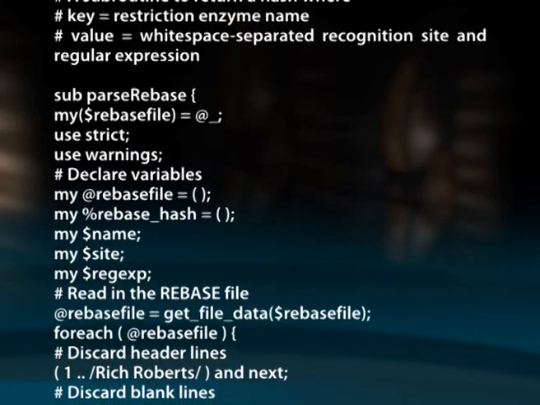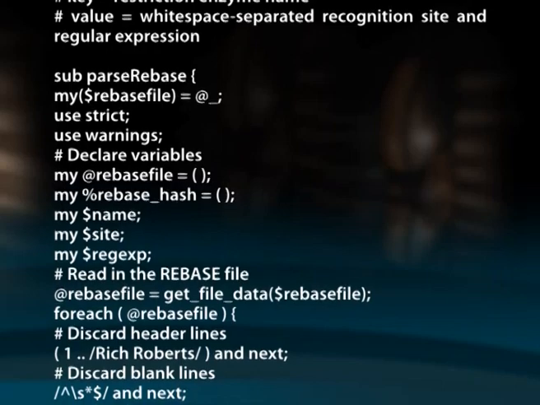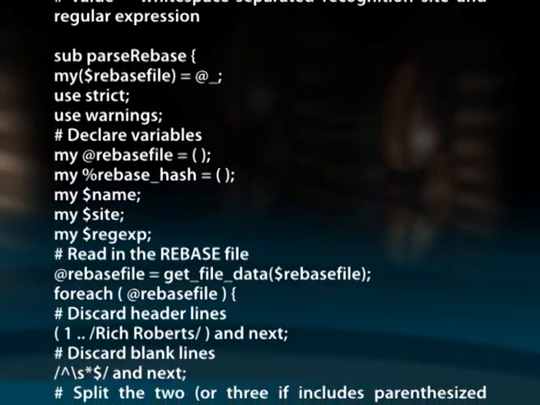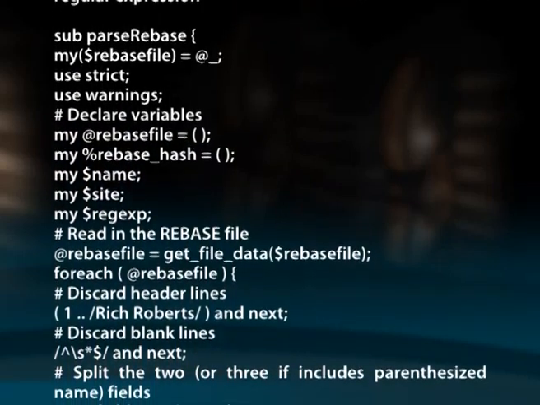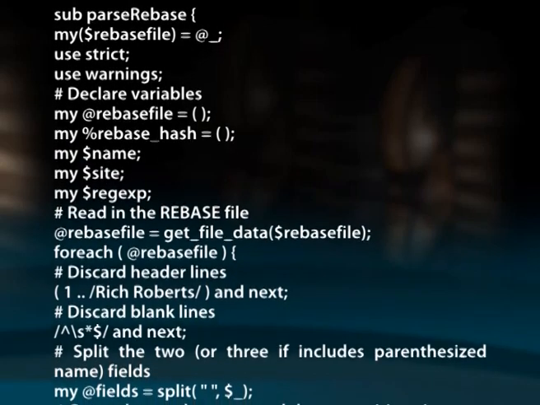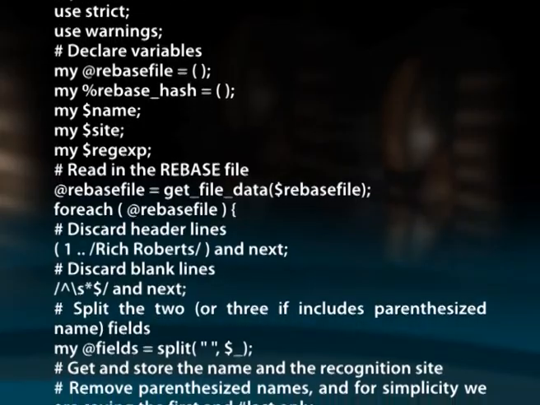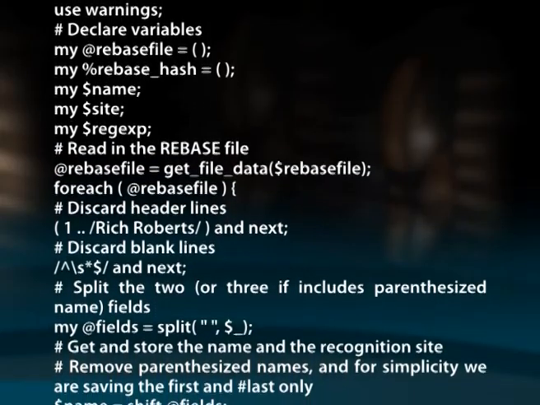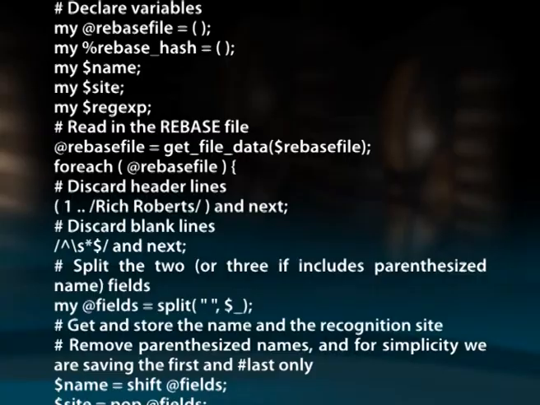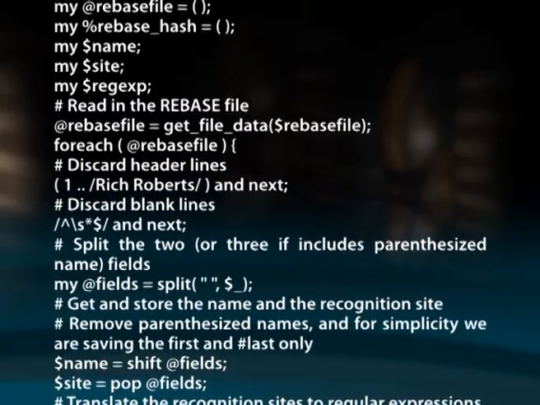For each line in the rebase file, discard header lines. For this we are using the regular expression and next. Then discard the blank lines. Split the 2 or 3 fields if it includes parenthesized names. My fields equal to split called with the space and the array.